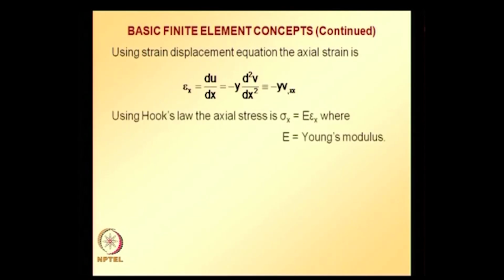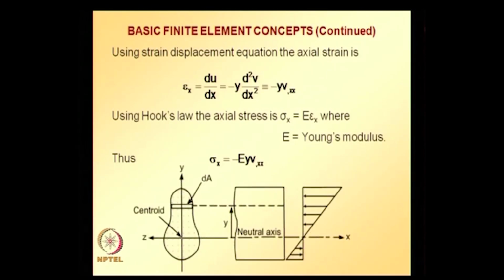Using Hooke's law, axial stress is given by Young's modulus E times epsilon. So axial stress is given by this, and if you plot the variation of stress over a cross section, it looks like this. This equation shows a linear variation of stress over the beam section.